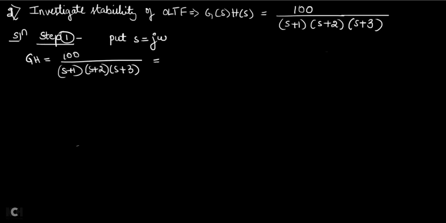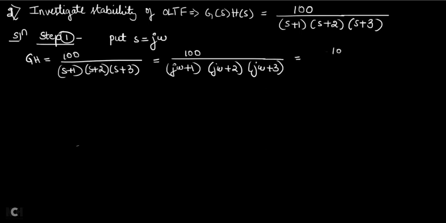Now put s is equal to j omega, you will get (j omega plus 1) into (j omega plus 2) into (j omega plus 3). Now you just rearrange the terms: 1 plus j omega, and then 2 plus j omega, and after that 3 plus j omega.